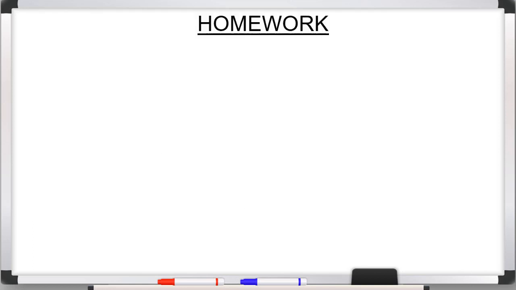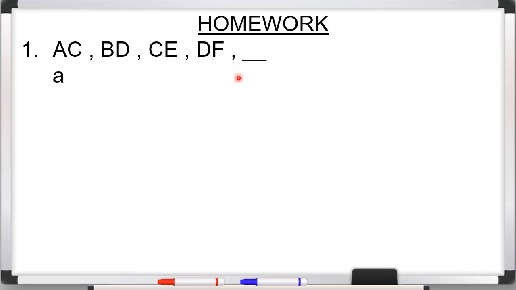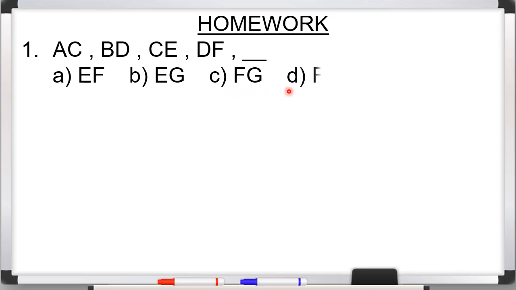Now, beta, today's homework is you have to do question 1, AC, BD, CE, DF, dash. Option A, EF, option B, EG, option C, FG, option D, FE.